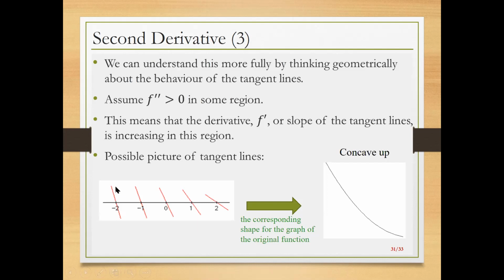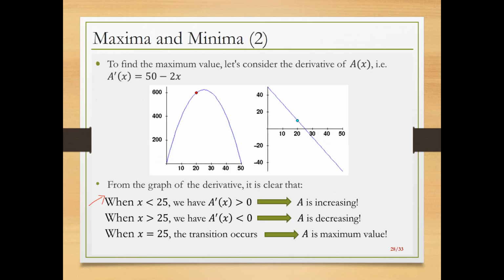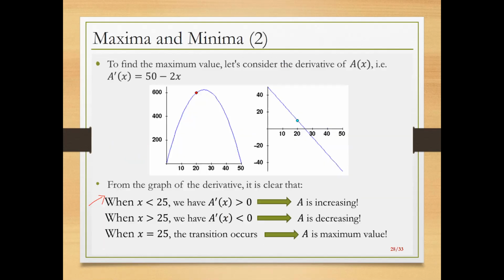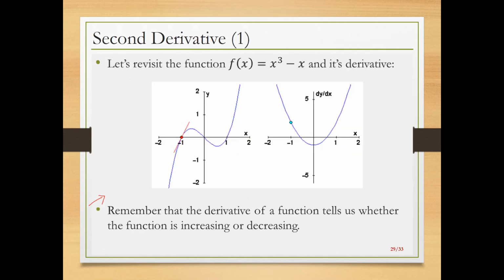If you look at this, you see that the slope is decreasing. Now the question asked is, where is this related to in this figure? Over here. So the slope is decreasing.